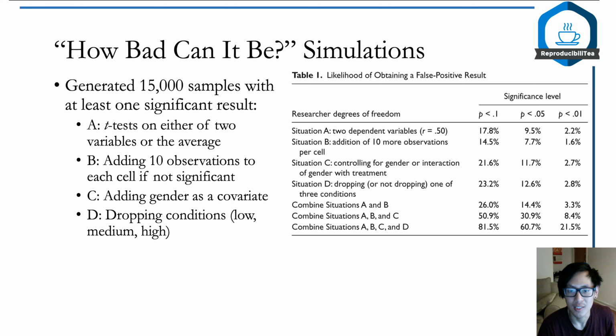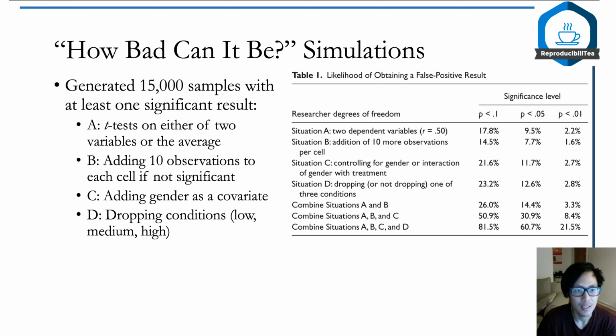So you can run a t-test on A plus B. Situation B was adding 10 observations to each cell if the result was not significant. They simulated 20 observations per cell here. If the result was not significant, they added an additional 10 observations, and then reran the statistical test to see if it was significant.